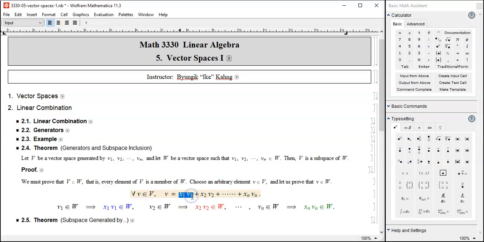That belongs to W, and this one belongs to W, and then repeat. That too belongs to W. What do we have? This linear combination is actually a sum of vectors in W. And therefore, this whole thing is in W because W is a vector space closed under addition.